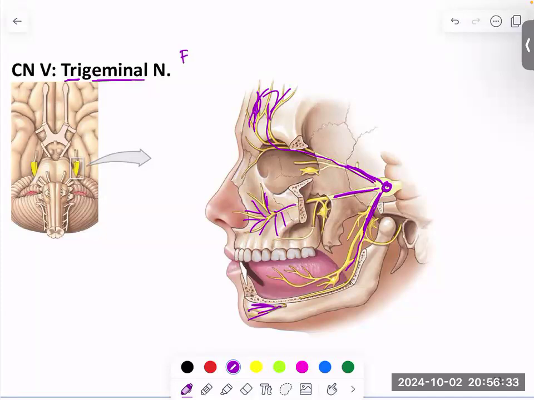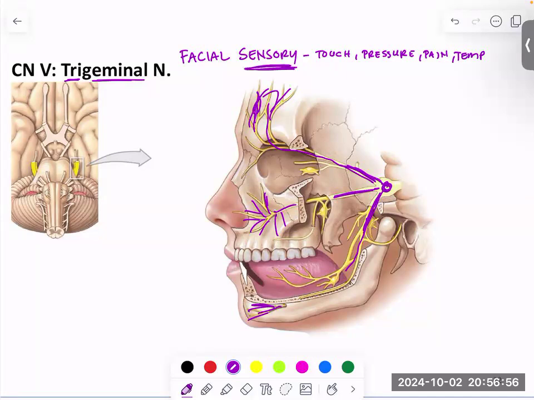Trigeminal is responsible for facial sensory: touch, pressure, temperature, pain, all along the front of your face.